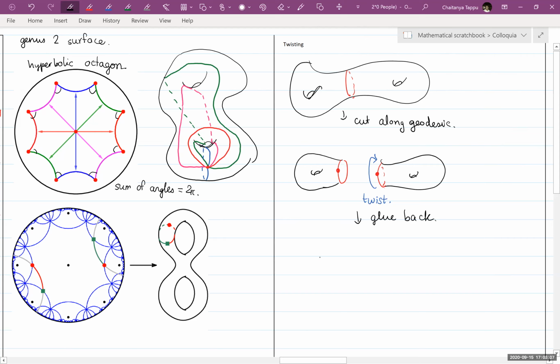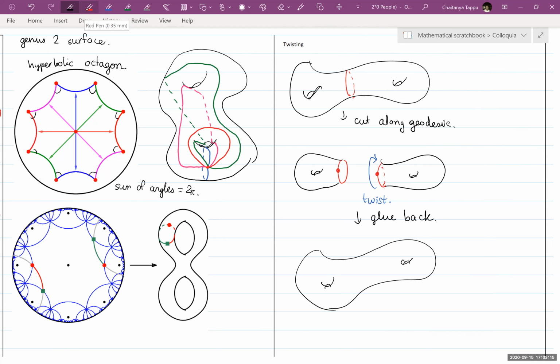After you do all this, you'd get something that looks different. If you glue it with a twist, the two points that were identified in one position are now some distance apart.